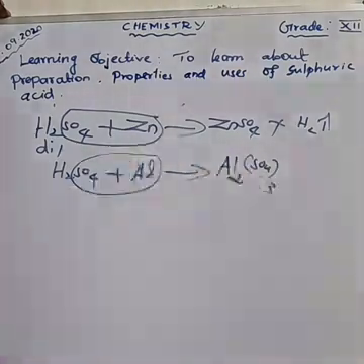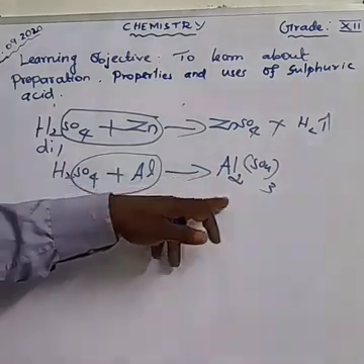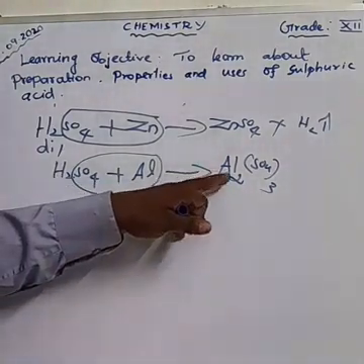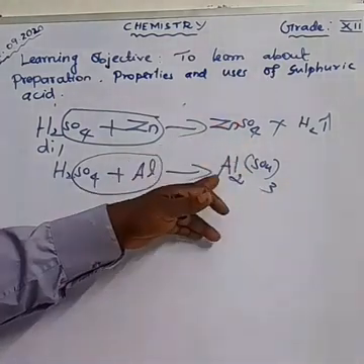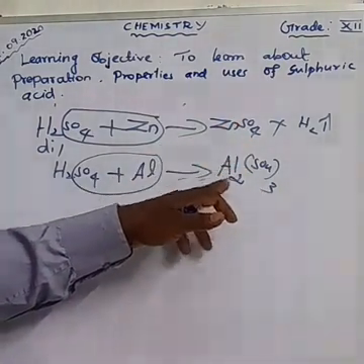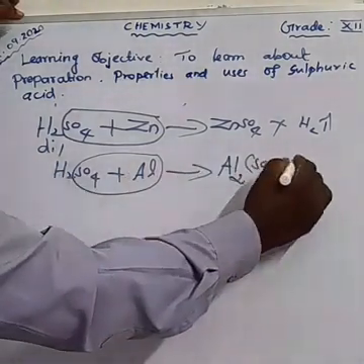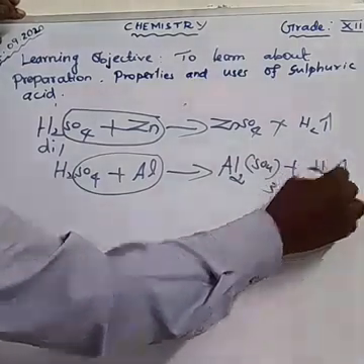Al2(SO4)3. As per the valency, the outermost shell of aluminium is 3, so on cross multiplication it will get Al2(SO4)3, aluminium sulfate, and the evolution of hydrogen gas.